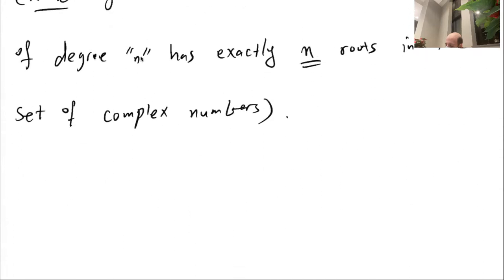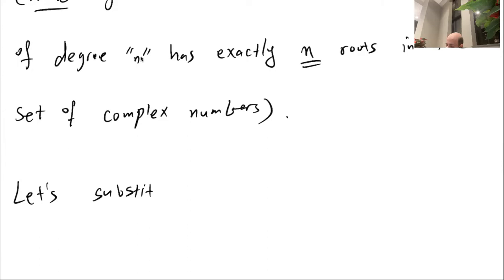So let's substitute x with e to the power i theta, and we want to find theta here. So we know that x to the power n is 1. So that means e to the power i theta, the whole to the power n is 1.